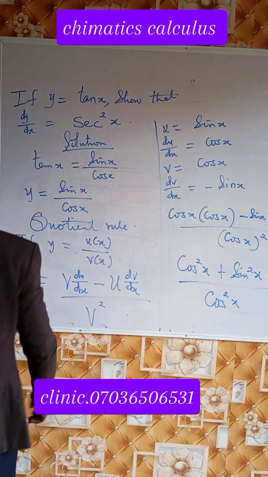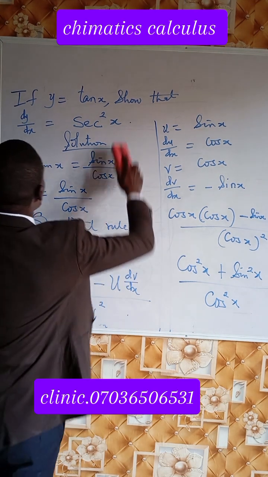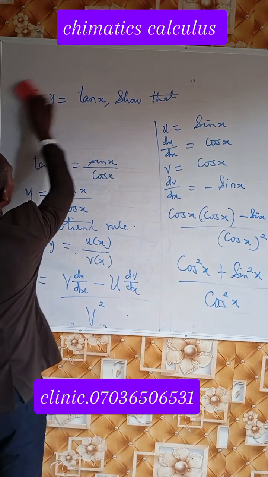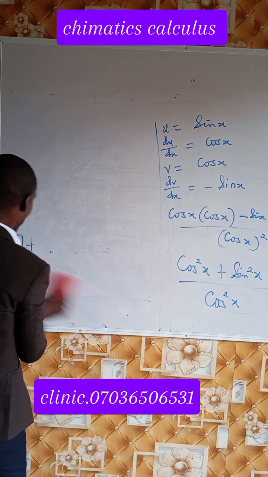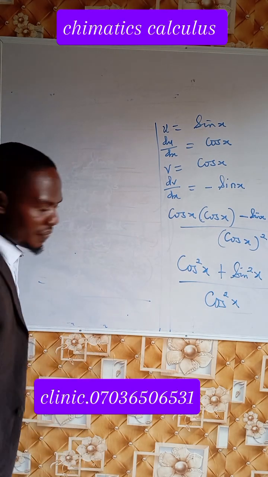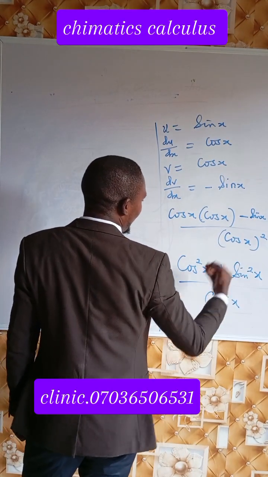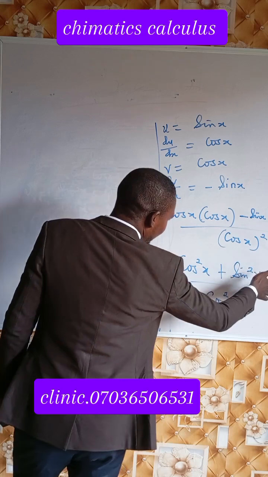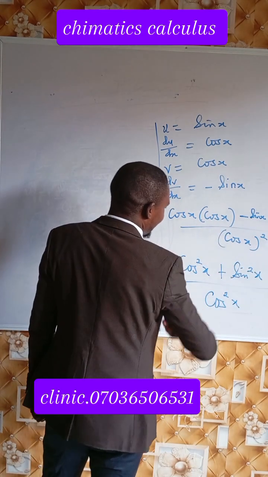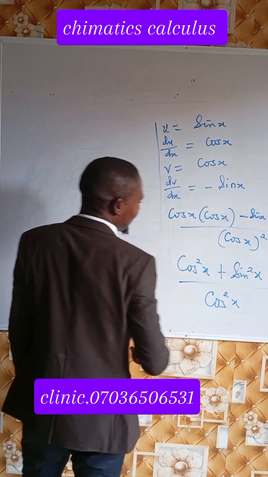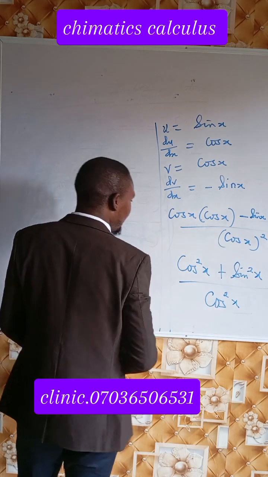Let's continue. Let me clean this side. Note, another trig identity says that sin square x plus cos square x is the same as 1.